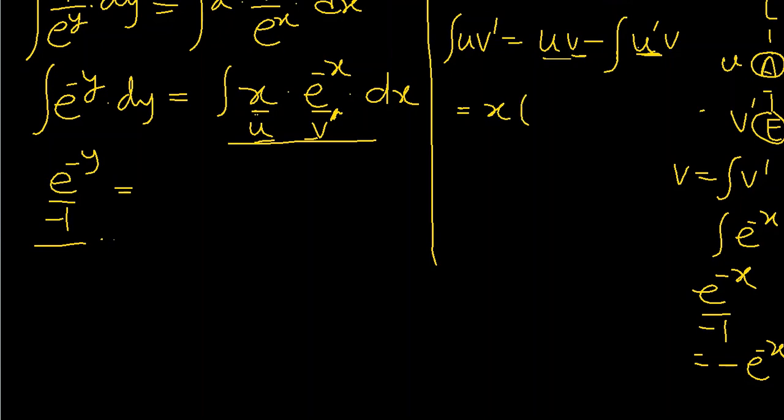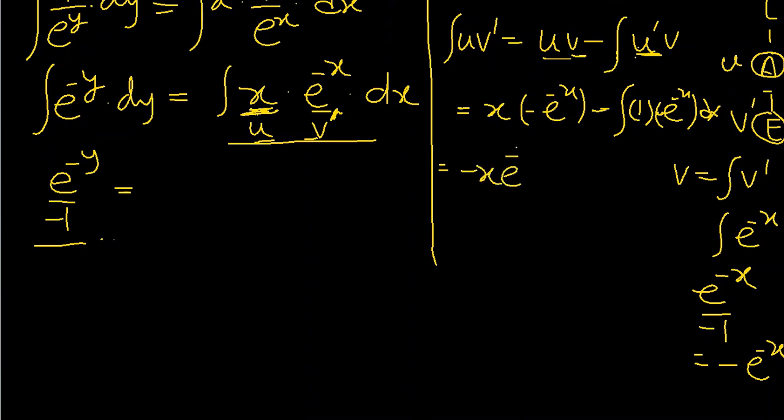All right, minus e to the power minus x minus integration of u prime v. u prime will be the differentiation of u, which is x for us, so it is just 1. v we just found out, minus e to the power minus x, dx. Okay, so minus x e to the power minus x, that's what we can write this one.